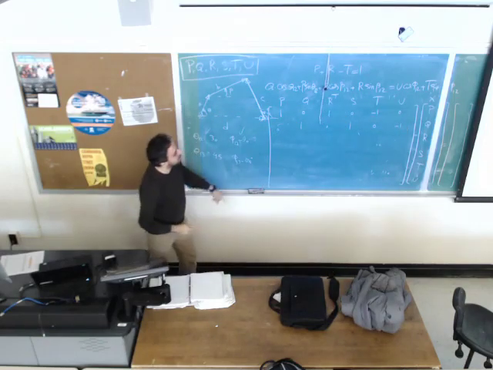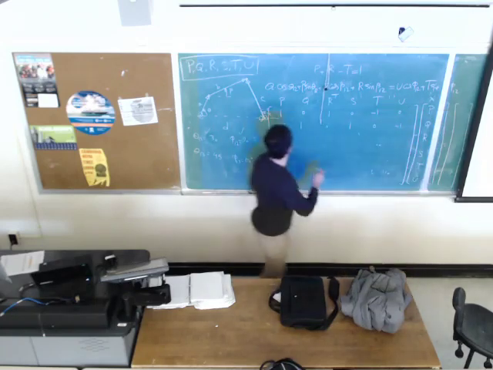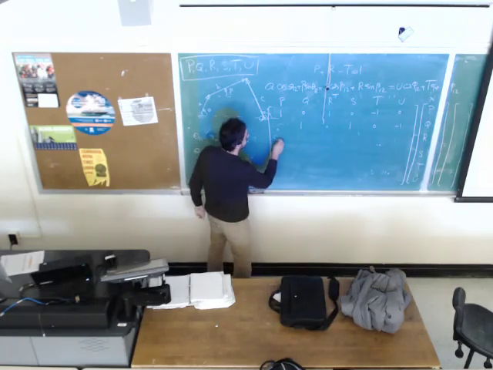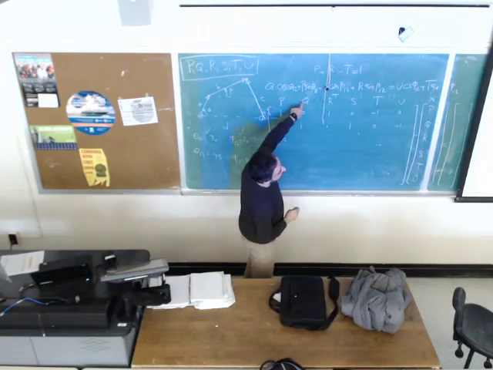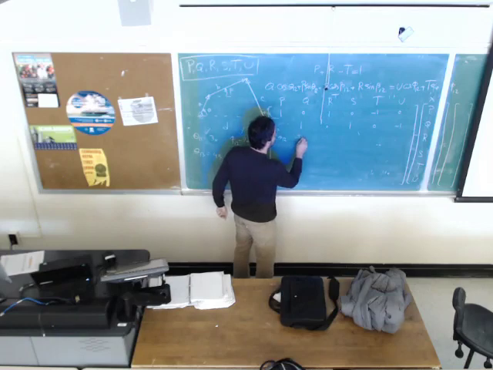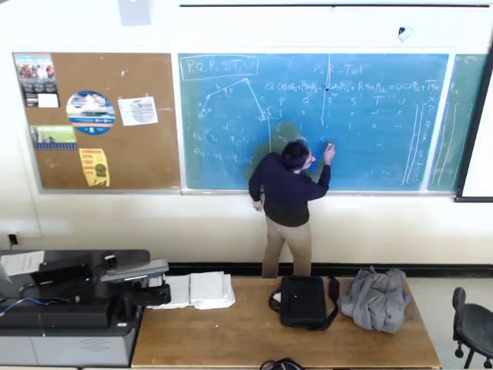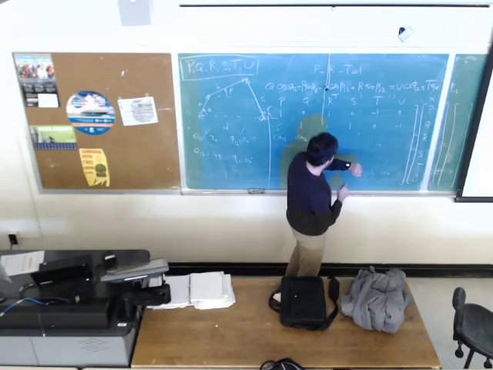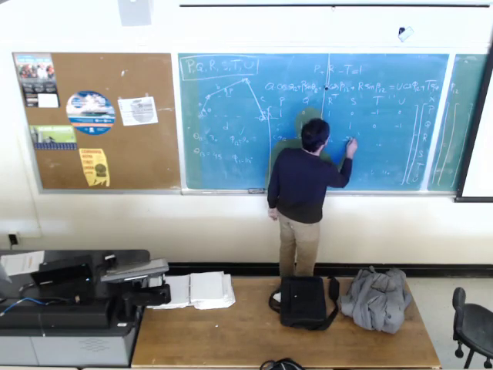Third equation, P has coefficient of cosine of theta 1, 2, so I'm just writing C theta 1, 2. Q has the term of negative sine of theta 1, 2. R has the term of cosine of beta 1, 2, and negative sine of beta 1, 2.